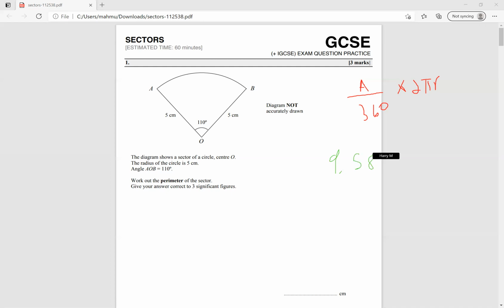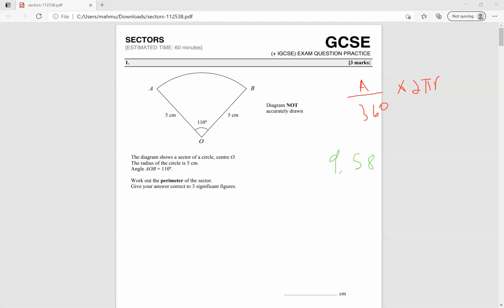Okay, now we work out the perimeter of the sector. Give you answers to... So angle, arc size... Yeah, so 9.58. I'm just thinking, let me quickly just do one. Sorry, let me just quickly see what's the size actually.